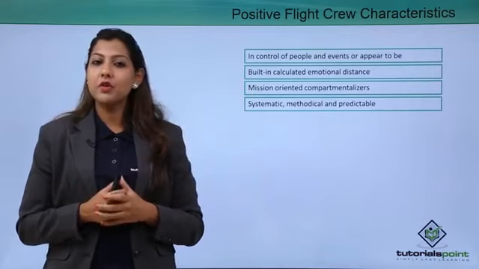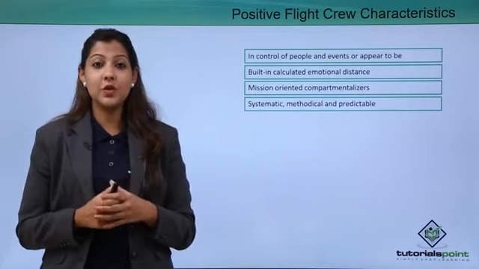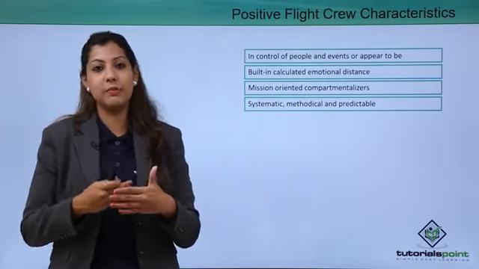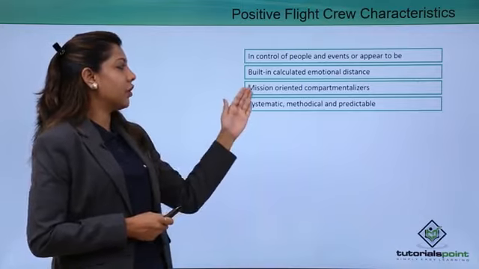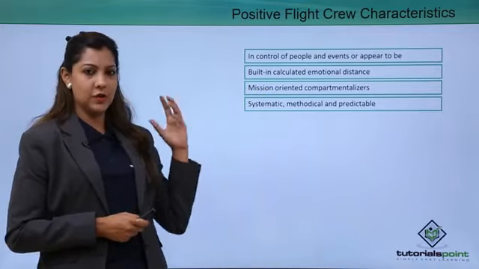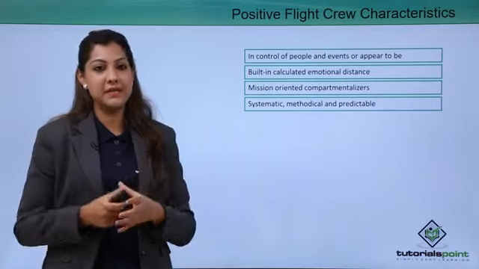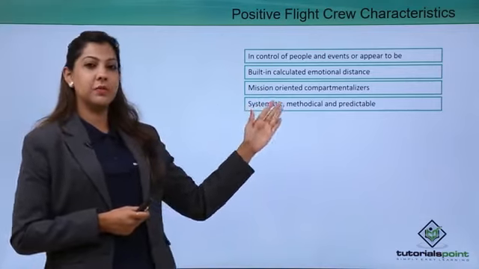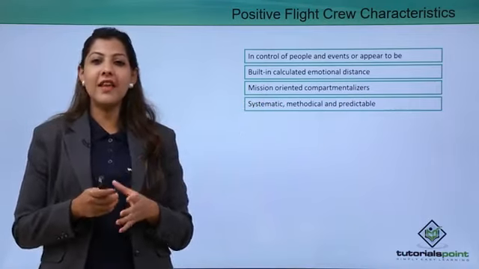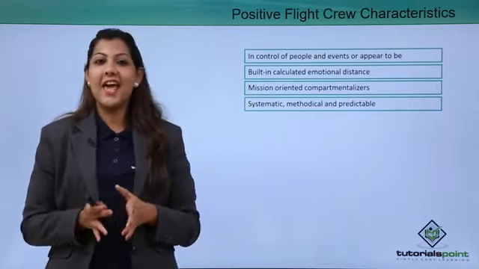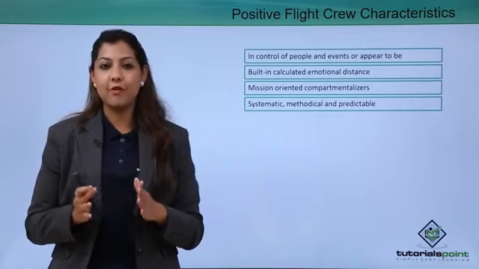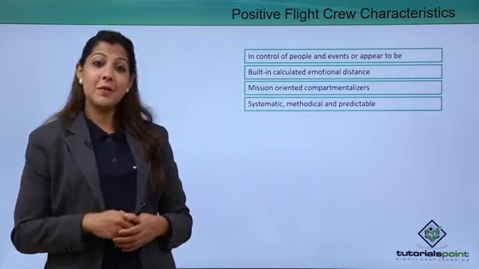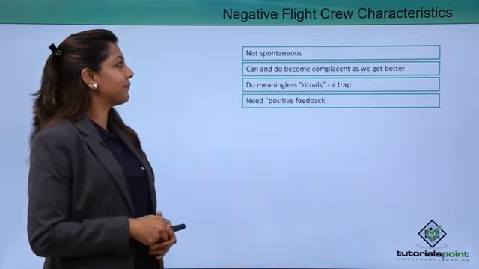As a cabin crew member, you cannot get very emotional, so you need a lot of diplomacy and tactfulness, and the ability to emotionally distance yourself. They are mission-oriented compartmentalizers, so they work on a mission and have compartmentalized themselves accordingly. They have a systematic, methodical and predictable way of working. Everything works according to a process and a particular plan of action. Those are the positive characteristics of a cabin crew member. Now let's look at the negative characteristics.